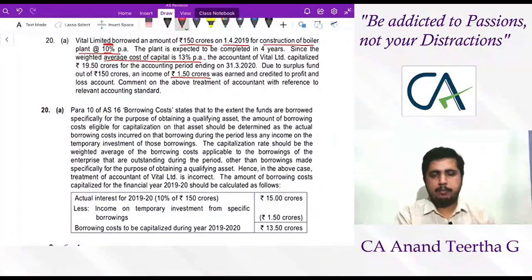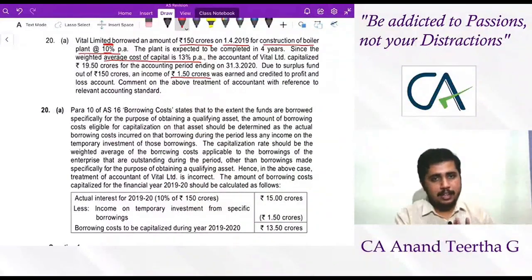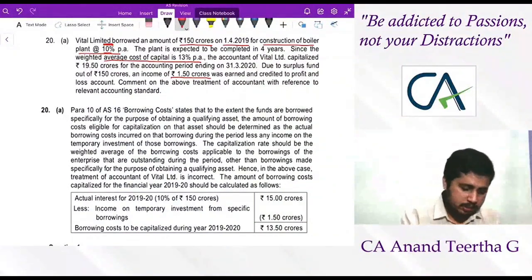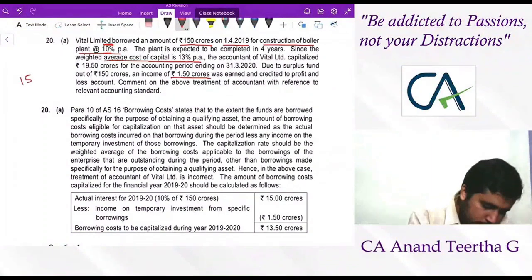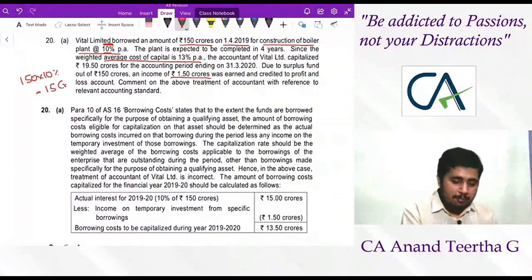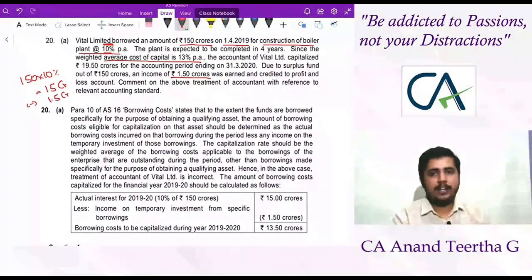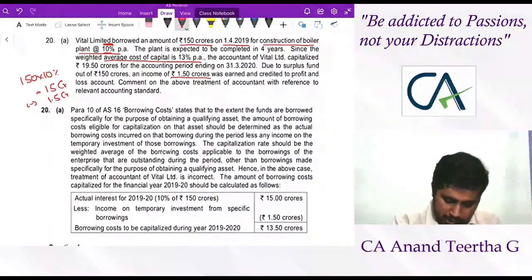It's not going to be 13%, 15%, etc. Weighted average cost of capital includes borrowings as well as capital elements, preference, everything. Therefore, ignore weighted average cost of capital for AS 16 purpose. You should consider the actual borrowing cost incurred. How much is that? It will be 150 crore into 10%, that is 15 crore. From this, deduct that temporary income of 1.5 crore. The difference amount of 13.5 crore only is allowed to be capitalized.